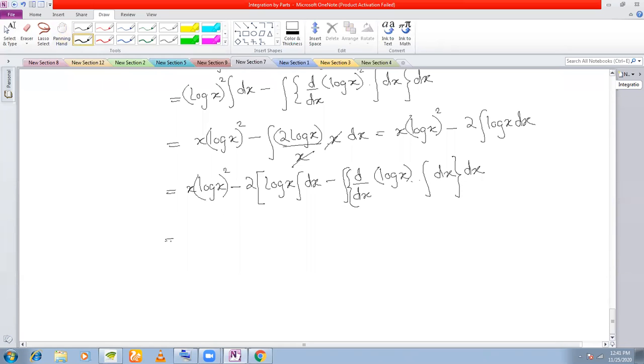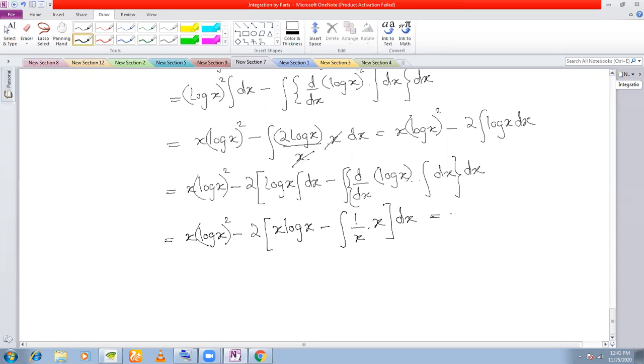So this now becomes x log x whole square, minus twice, x log x minus the integral of the derivative of log x, which is 1 by x, and the integral of dx is x dx.